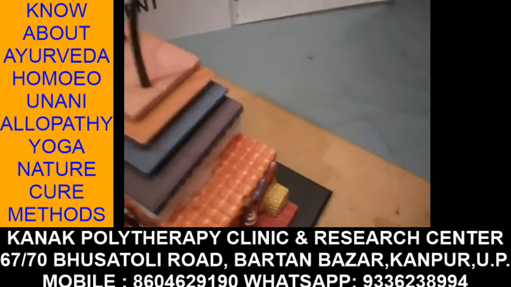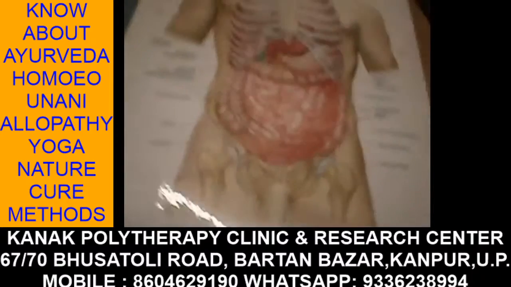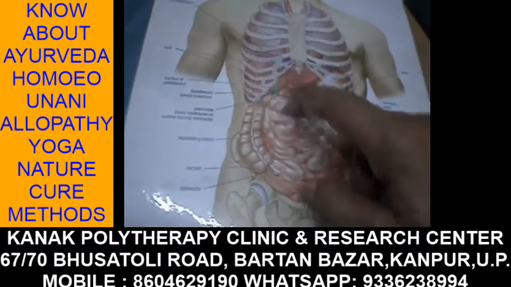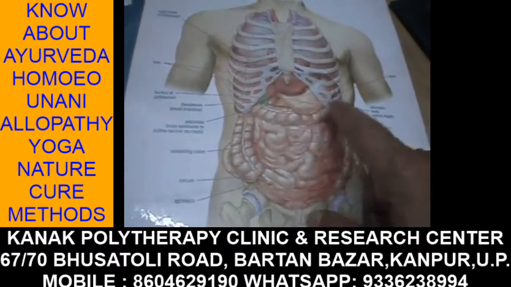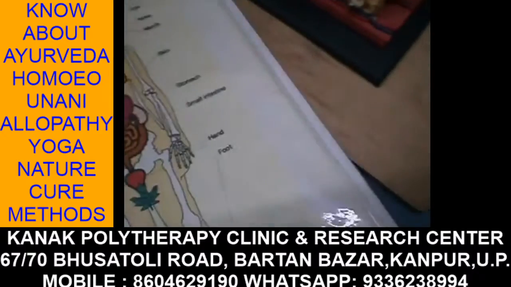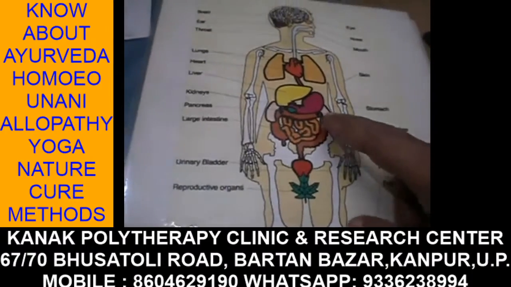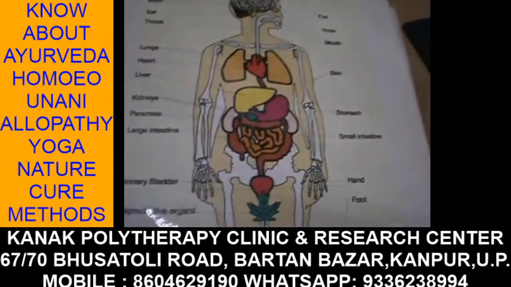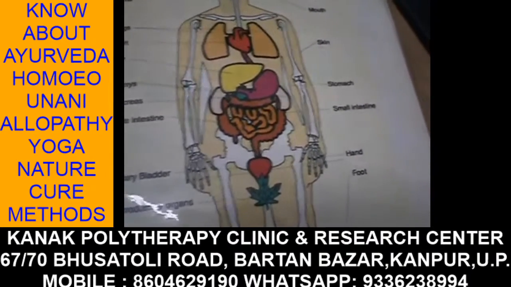Another reason is the malfunctioning of the large intestine, the small intestine, the liver, the pancreas and the spleen. Sometimes kidneys also create a problem, and some kidney problems create the white spots problem.